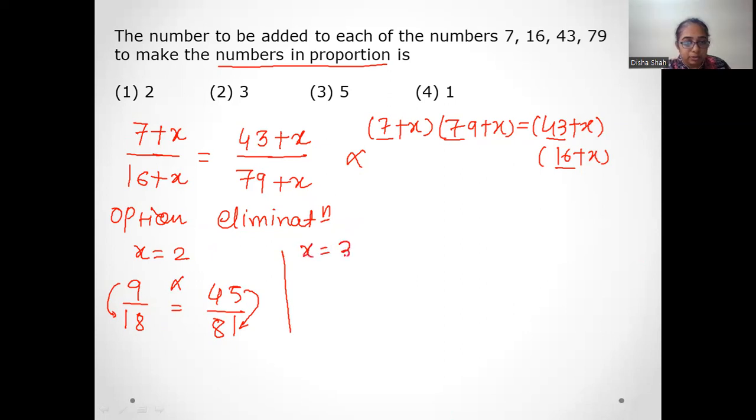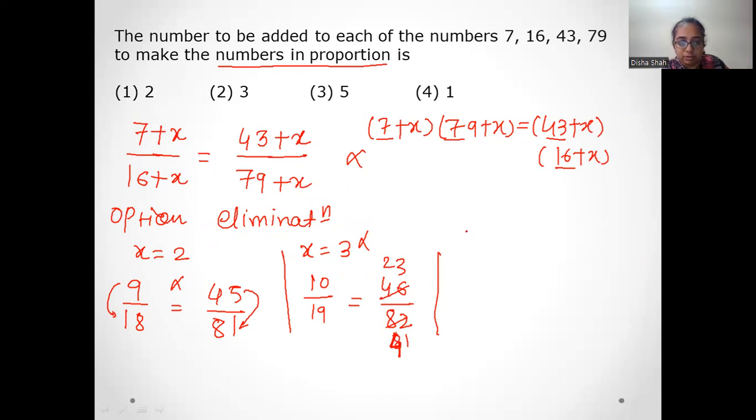नाउ पुट x इज इक्वल टू 3. 7 plus 3 10, 16 plus 3 19, 43 plus 3 46, 79 plus 3 82. इन दोनों में भी कोई रिलेशन नहीं है. So this is also not in proportion.